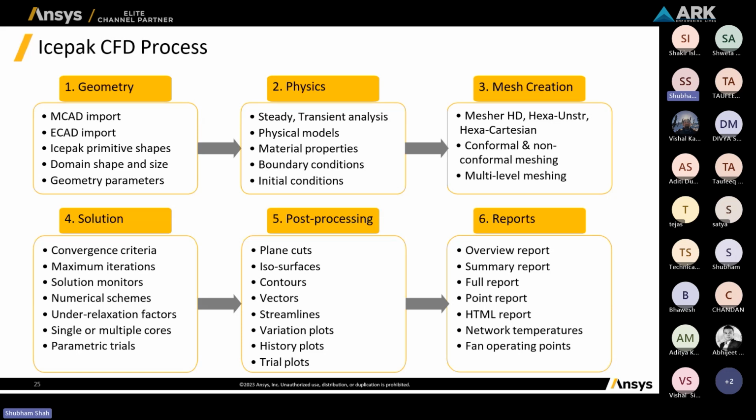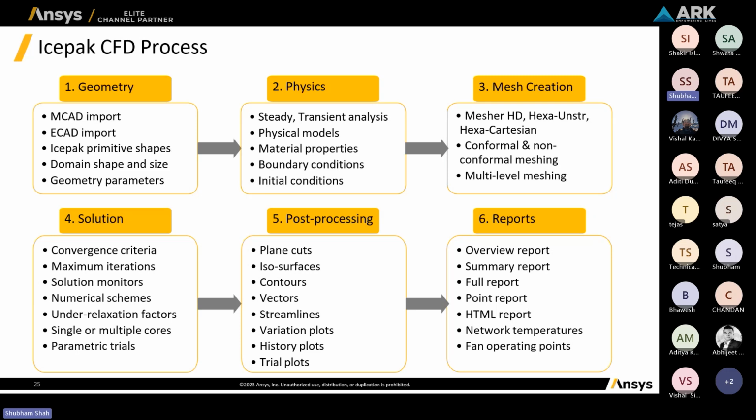Then coming towards the physics, we'll be deciding the kind of simulation analysis, whether it's steady state or transient. We'll be selecting appropriate physical models, checking whether the turbulence model we have taken is right, and the material properties will be defined for each of the different components consisting of different materials.